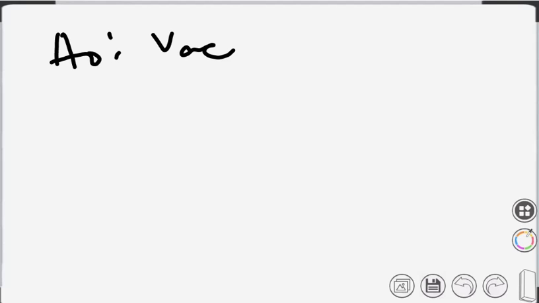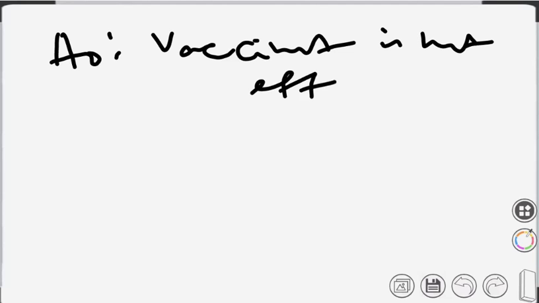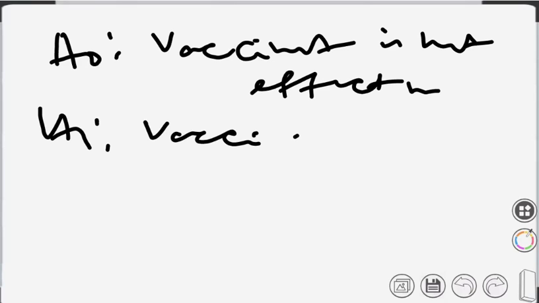So the null hypothesis is vaccination is not effective, and the alternate hypothesis is vaccination is effective. In mathematical terms, the experiment result is independent of vaccination.